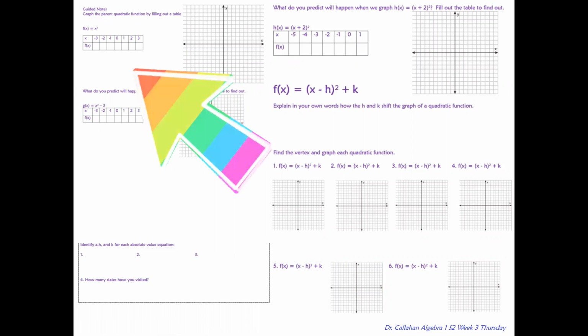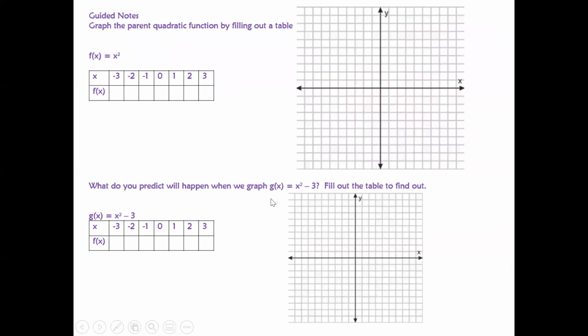So looking at this part right here, we're going to go ahead and graph parabolas. So we did graph absolute values, and remember your absolute value has a V shape, and absolute value is the absolute value of x. Well, parabolas have an x squared, and so the shape is kind of like a smiley face.